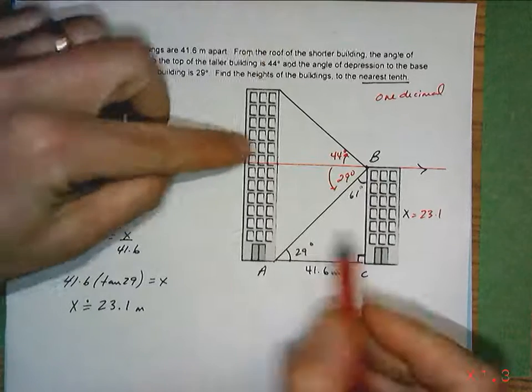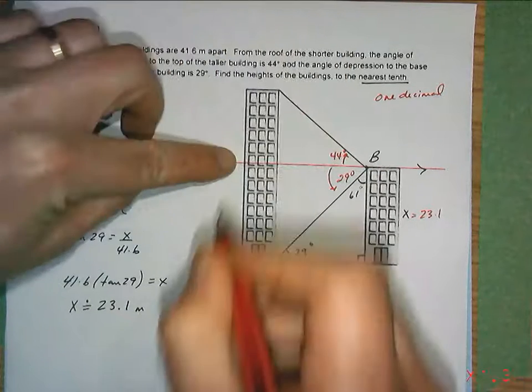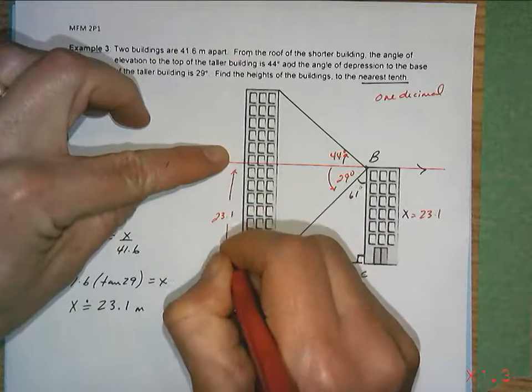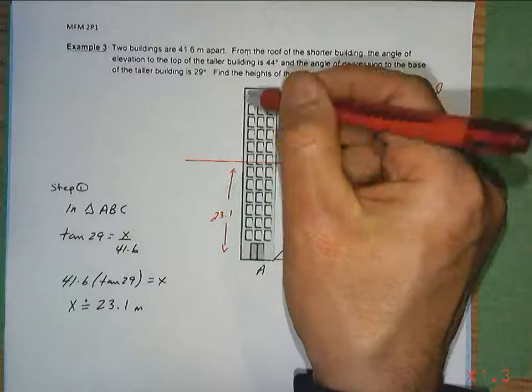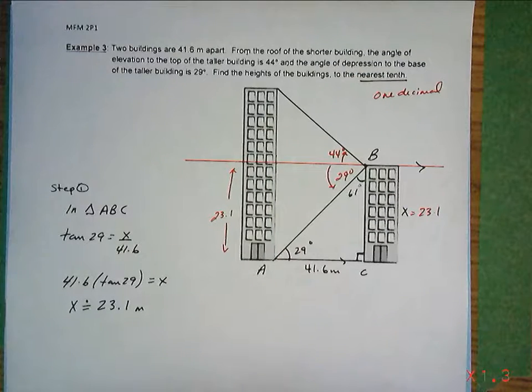Now that means that this building is 23.1 meters, which means up to this point will be 23.1 meters. So if I could find out the extra little bit that's up here and add it to that, I would know the height of the entire building.